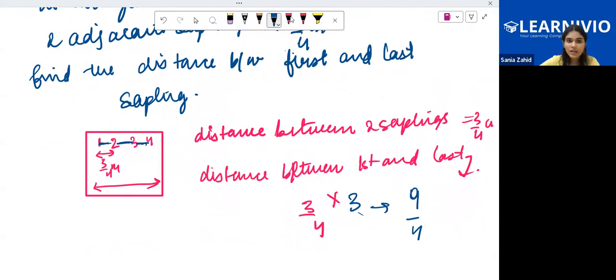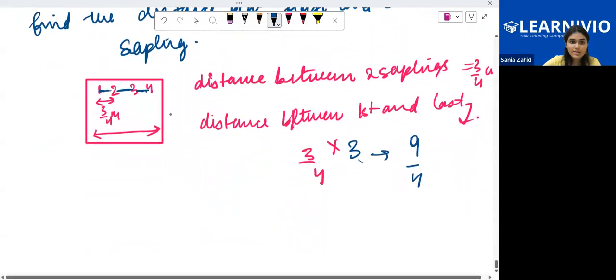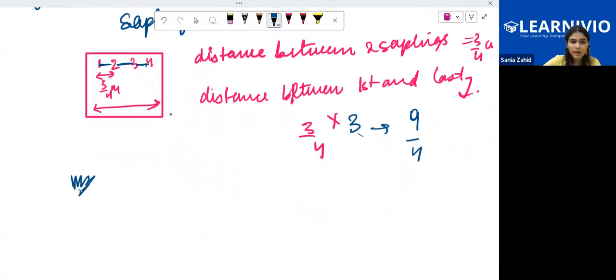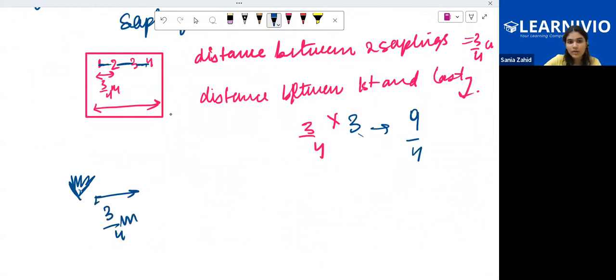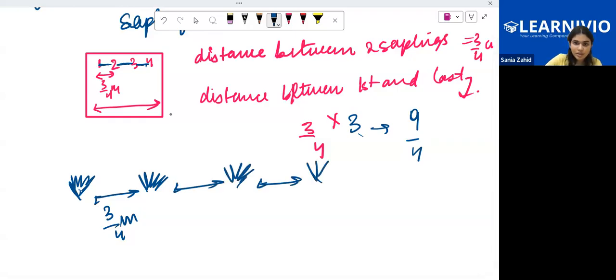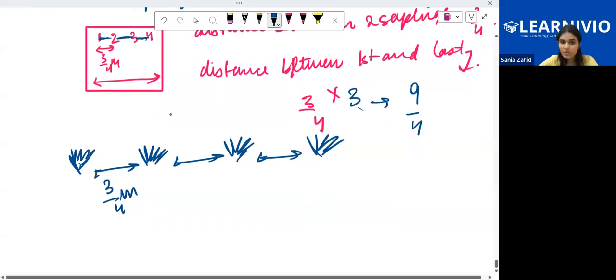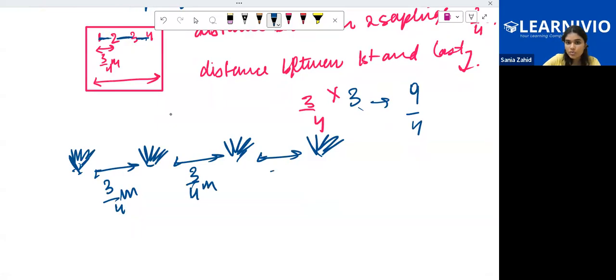See, it is given that, like, there is one sapling planted over here. This is one plant. Then at a distance of 3 by 4 meter, you have another plant. Then you have another plant and then another plant. So they said the distance between two plants, these are two plants, these are also two plants, these are also two plants.